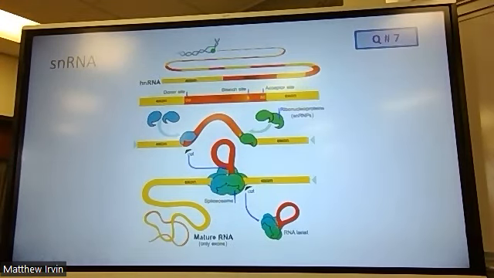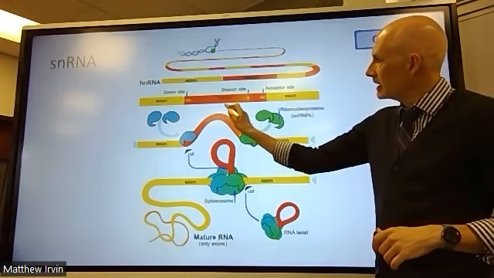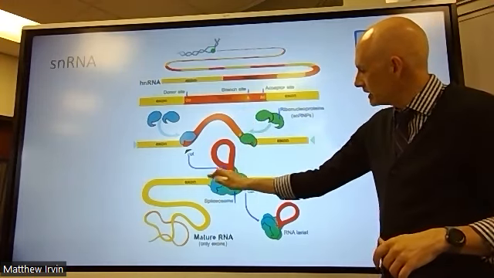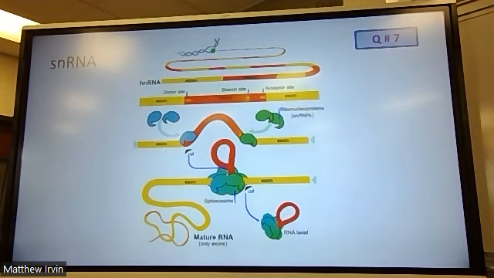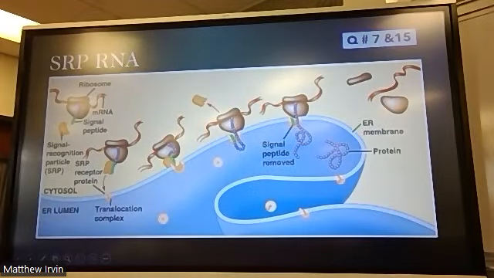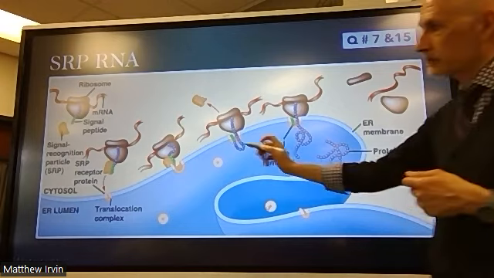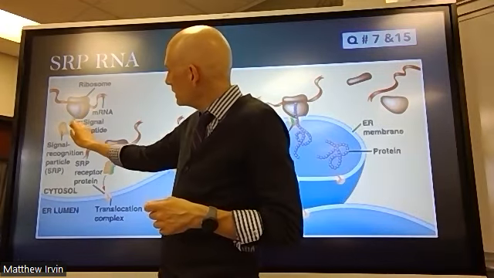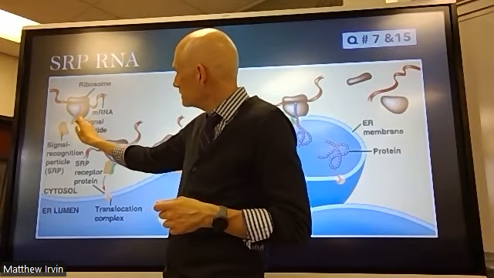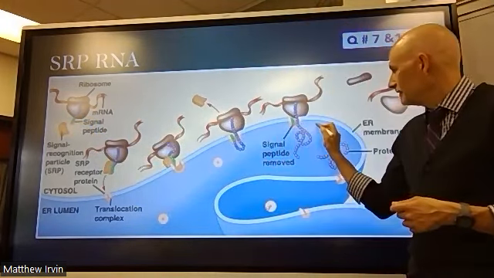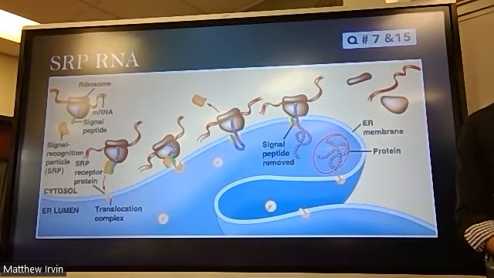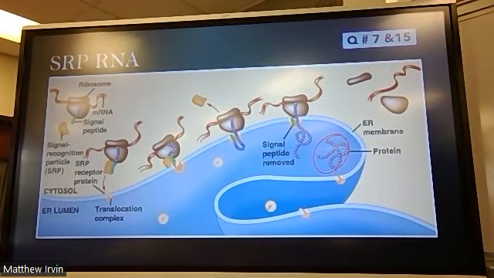snRNAs are the ones that make the snRNPs, cutting out the introns and binding the exons together for mRNA processing. And then your SRP RNA, the signal recognition particle, binds to the protein coming out and directs it down to your rough ER. Eventually this protein will get secreted from the cell.